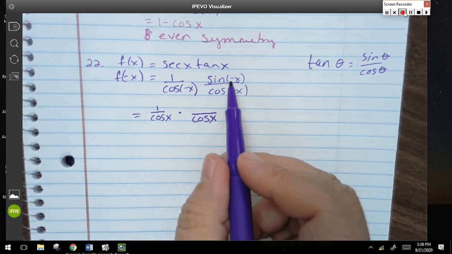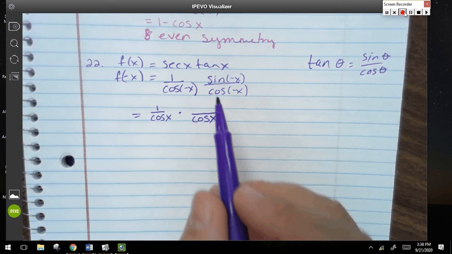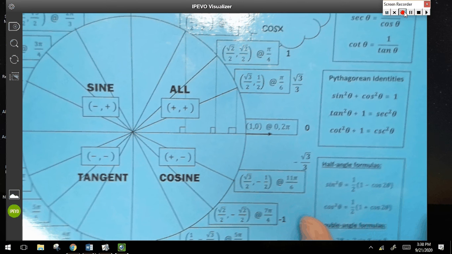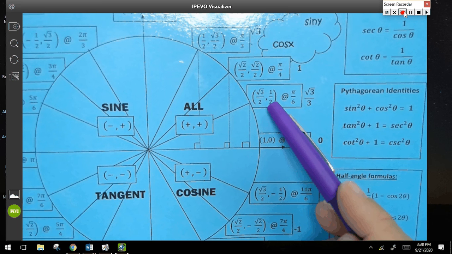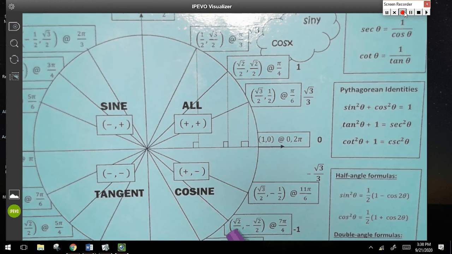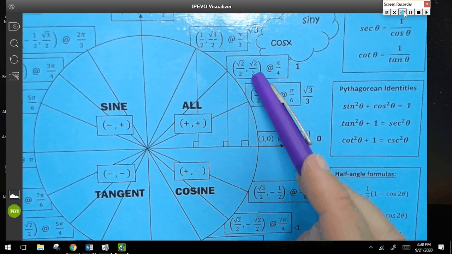If you go negative pi over 6, then I get negative 1/2. The sine of pi over 4 is square root of 2 over 2. The sine of negative pi over 4 is negative square root of 2 over 2. I could keep on, but just know that the sine of negative x is the same thing as negative sine x because it is an odd function. So this becomes negative sine x.